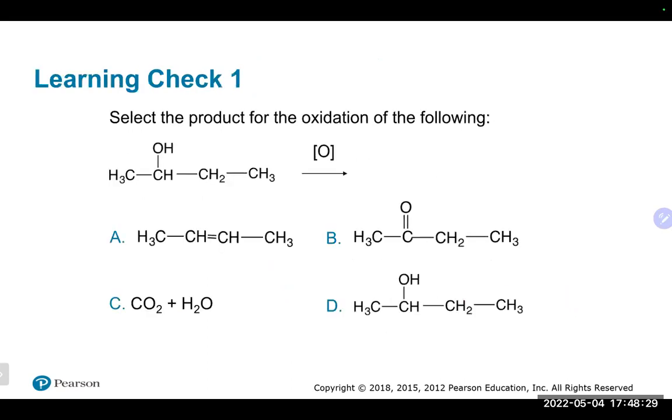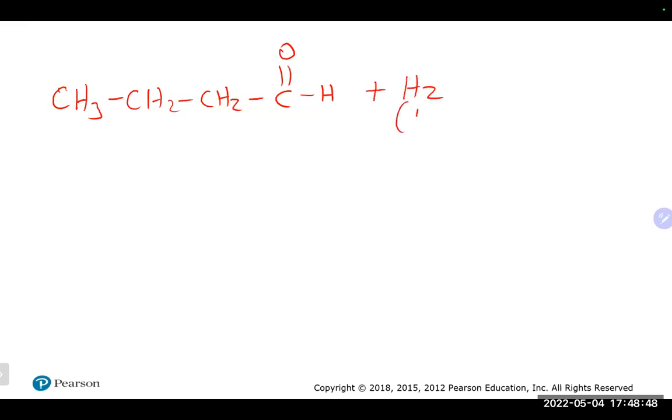And just to show you how that works, let me find somewhere I can scribble. So if we take something like this aldehyde, and if we decide to do the reduction reaction, which is basically adding H2, right?